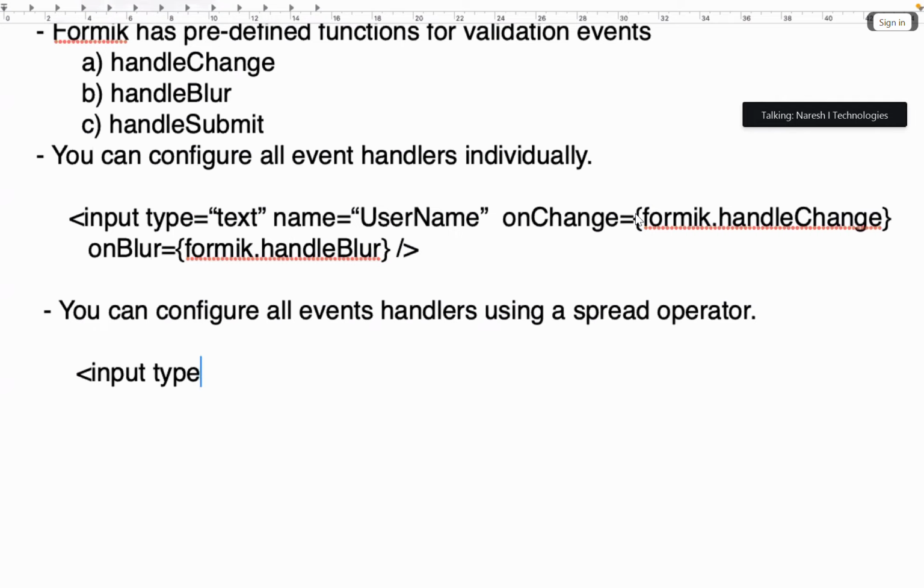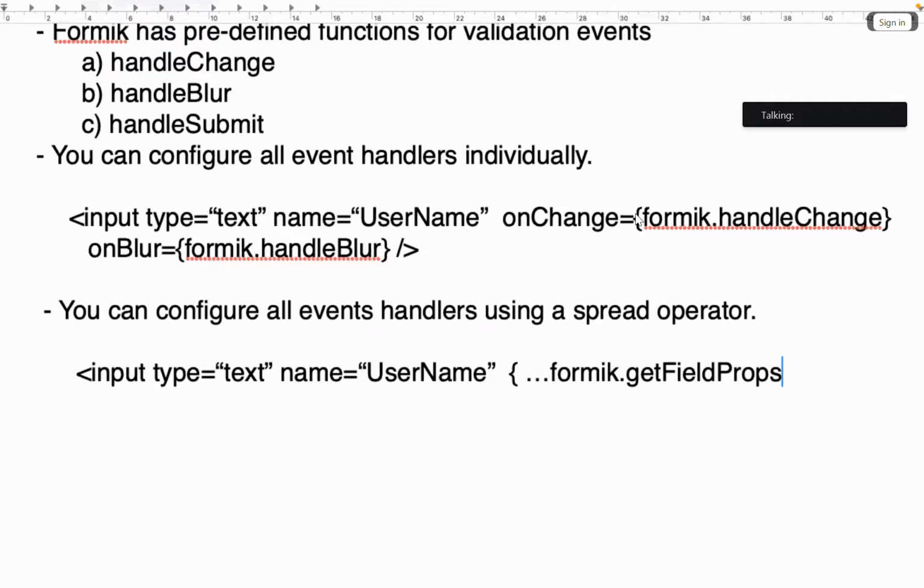Input type is text, name is username, spread formik dot get field props, and the field is username.